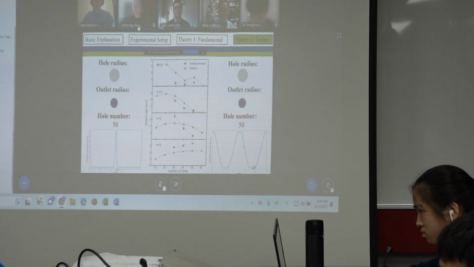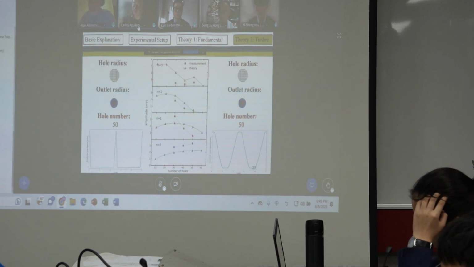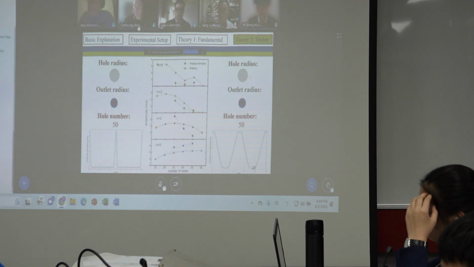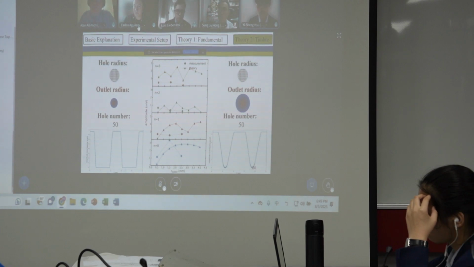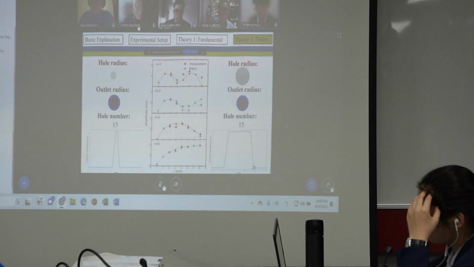I'm sorry. Okay, and a quick question to the opponent as well. So you mentioned that the reporter could have done a better job at reducing noise. How would you have reduced noise in this experiment? I think by using a sound absorber box to reduce the noise outside. That's why in my suggestion I mentioned the turbulence and the spider here.